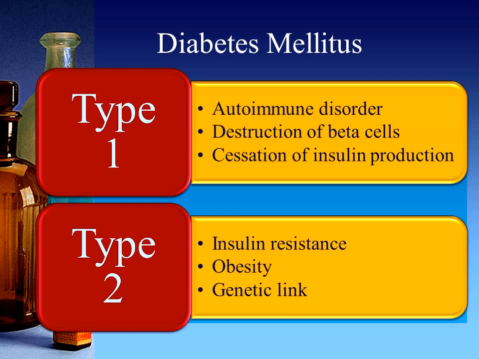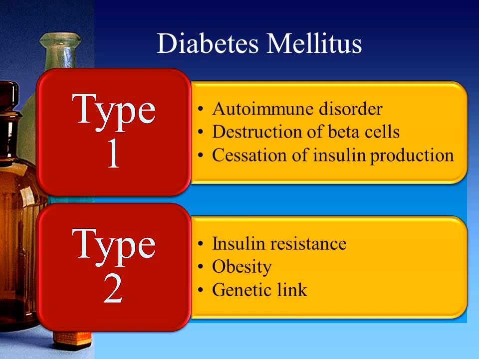There's a number of factors that can contribute to the development of type 2 diabetes mellitus, and these include genetics. If parents had it, grandparents had it, you're genetically predisposed to developing it.